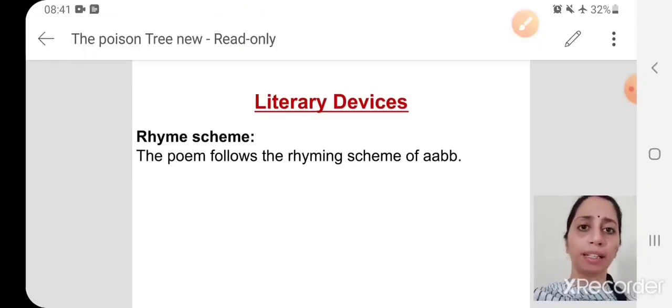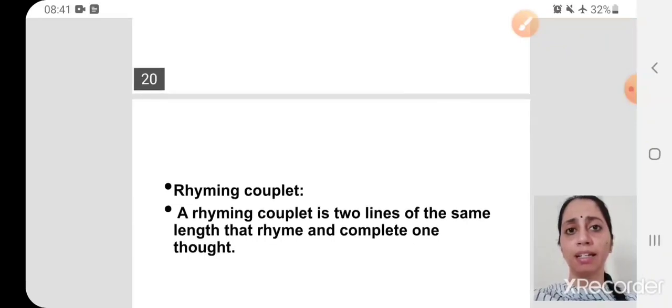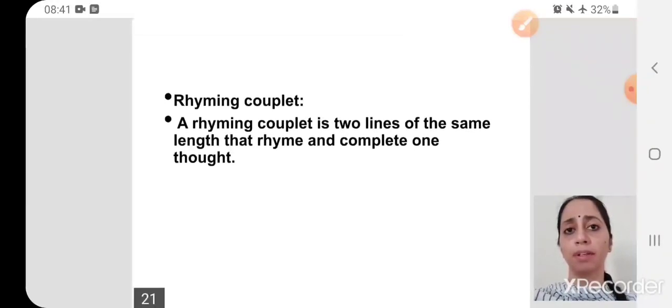And how do we identify that? The last words of the lines, depending on the sound, we denote alphabets to them. So let's see what's the rhyme scheme used in this poem. The poem follows the rhyme scheme of A, B. Let us see how. But before that, let us understand what is a rhyming couplet.